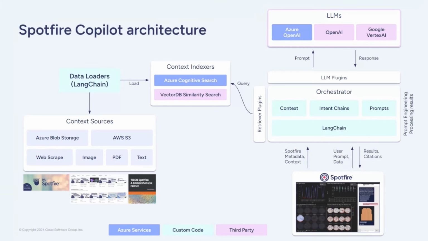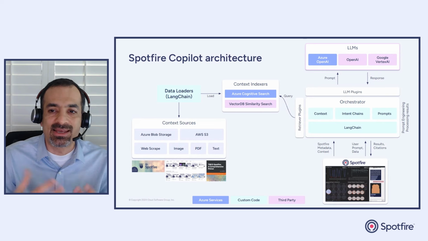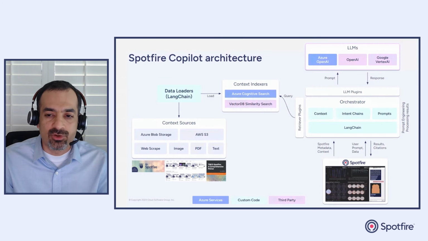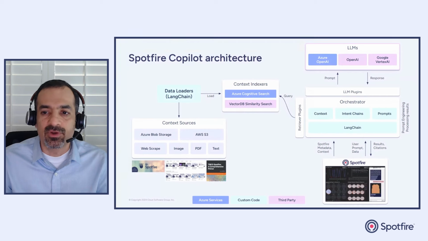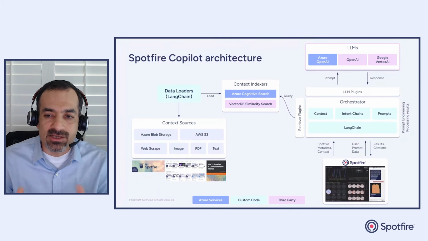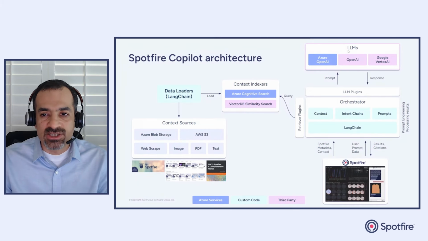The orchestrator, knowing that intent and the metadata and the type of question, prepares the actual prompt, which is a combination of the user prompt and what we call the system prompt, basically instructions, and the required metadata about the data itself, and makes a call to the large language model.